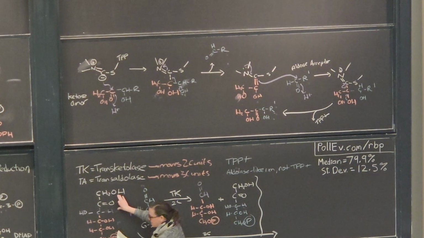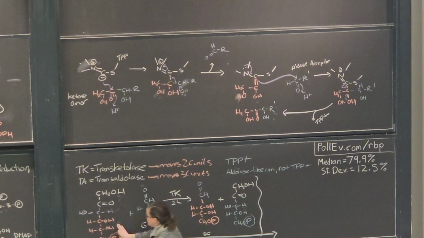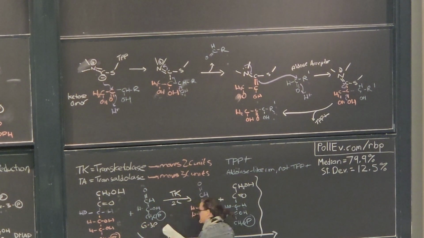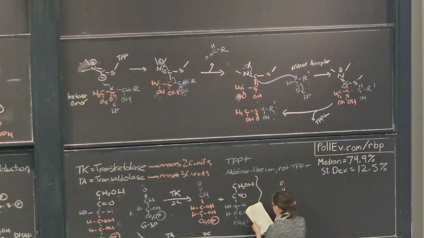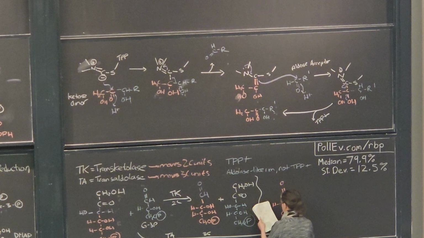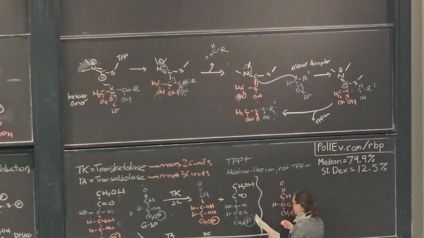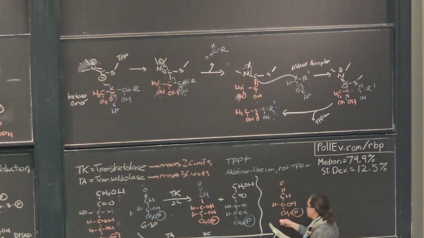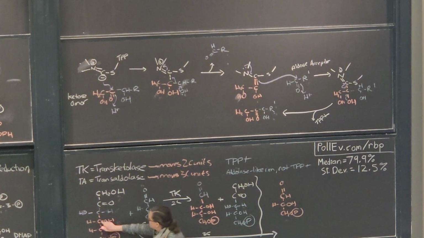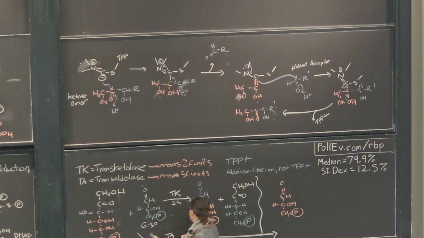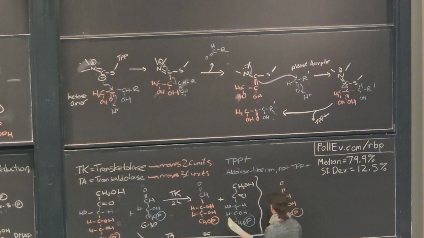So if we remove a 3-carbon unit from this, what we're left with is a shorter aldose that's just the red portion down here. In this case, it's a 3-carbon sugar because we started with a 6-carbon sugar, and we removed 3 carbons from it.